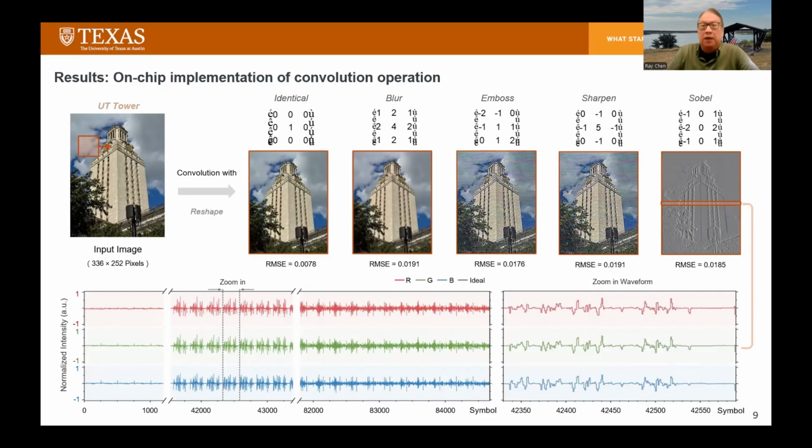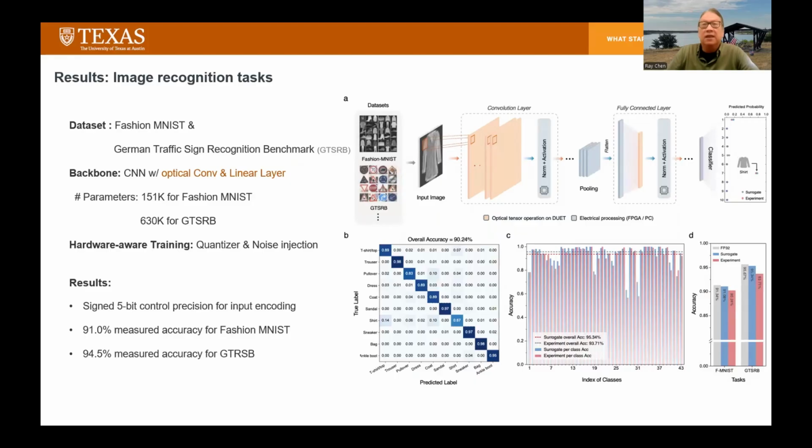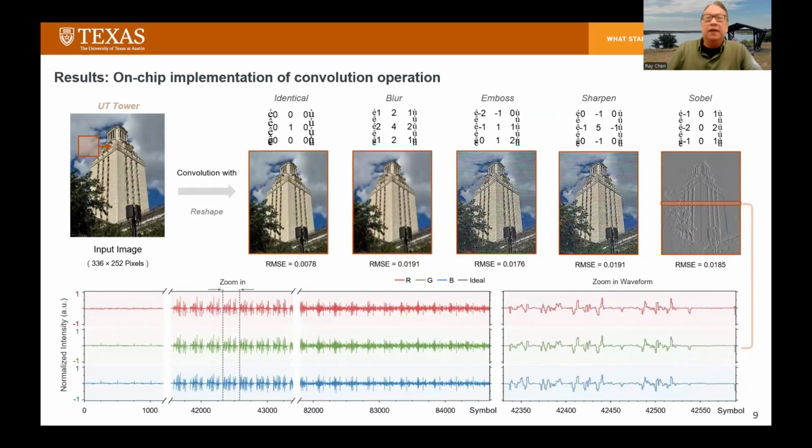With that setup, we run an on-chip image processing demo. We applied 5 different 3 by 3 kernels to a UT image here, and the matrix multiplication between the kernel and weight is shown here.